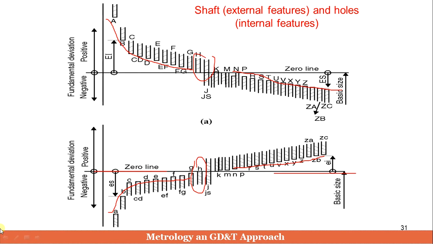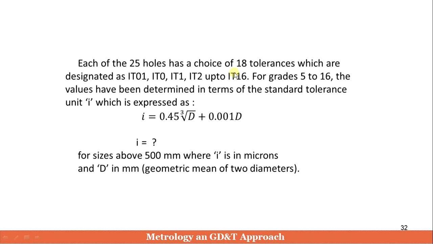Suppose we consider the height of this B tolerance, how much should the distance be? That is decided based on the 18 grades. Now a numerical letter will be provided in front of the alphabet of a hole or a shaft, so we can find out the tolerance, the upper limit, the lower limit, and the difference of that as a tolerance. That is nothing but the standard tolerance.